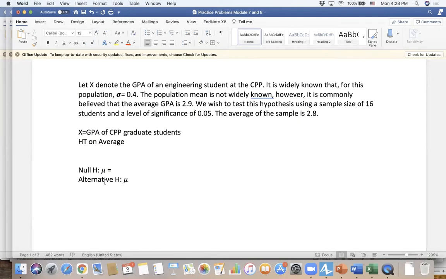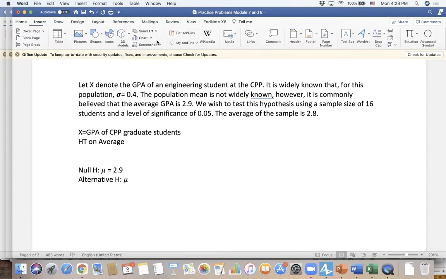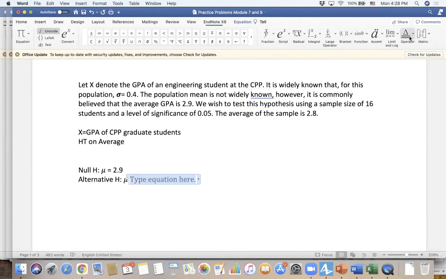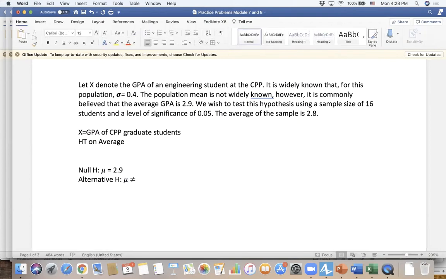So here, my null hypothesis is that mu is 2.9. An alternative hypothesis is that it is not 2.9. Okay, so that's that.